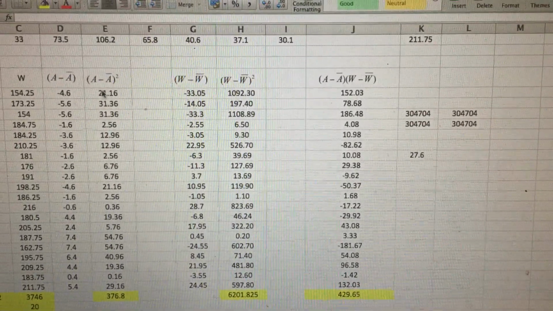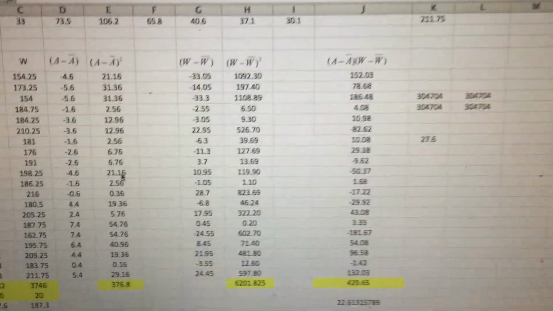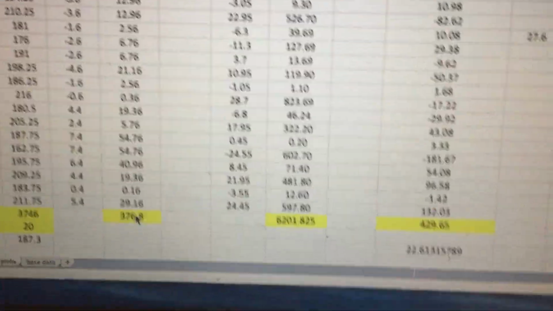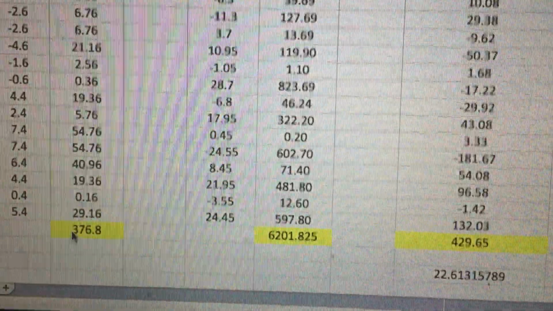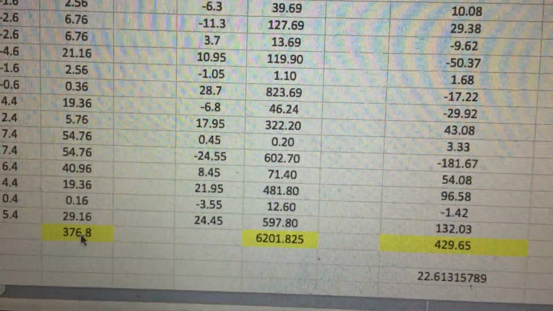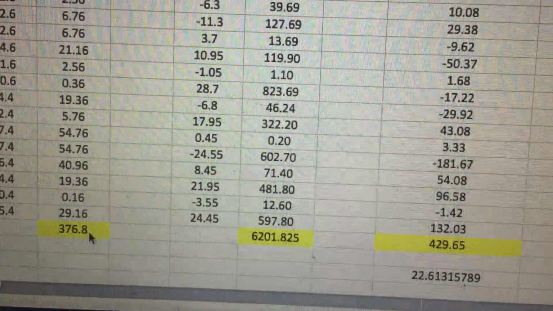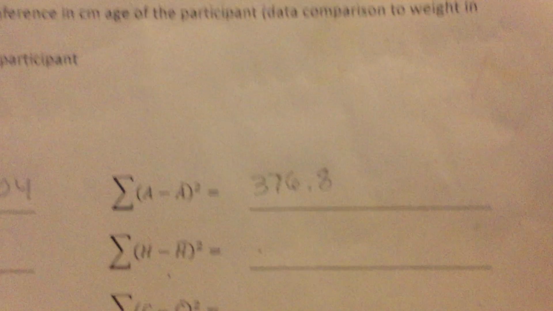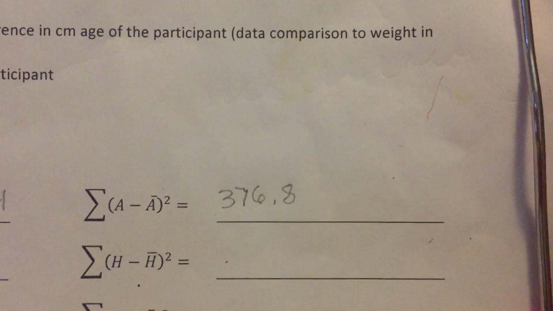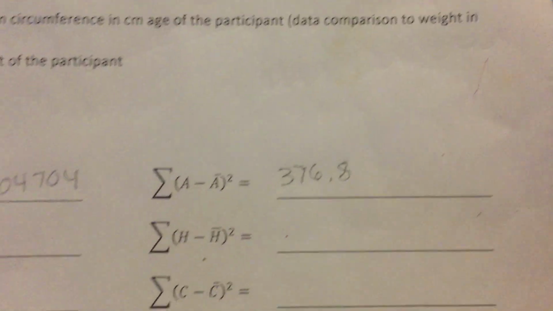When you add all of these numbers up, you come up with a sum. This sum is 376.8. Okay, then the next question.